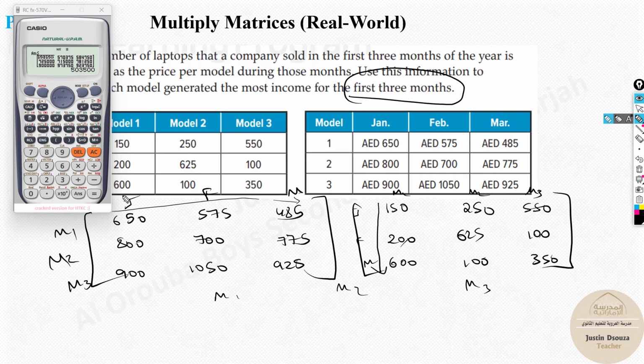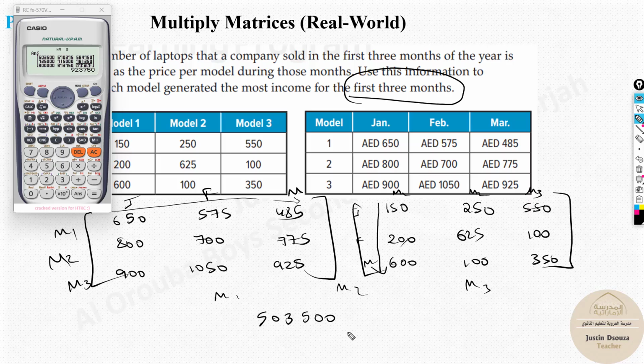Now here, what is the first value? It is 503,500. What about this one? Let me just go there. It is 715,000.